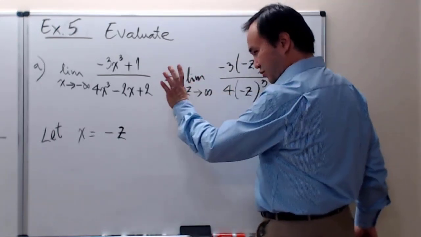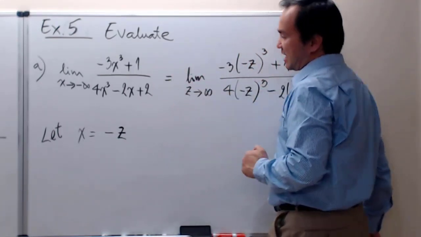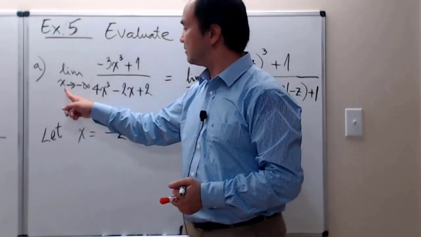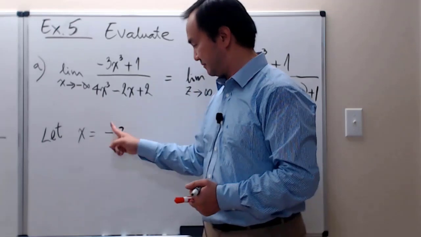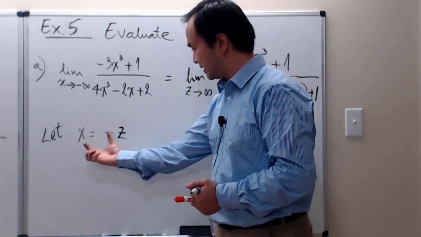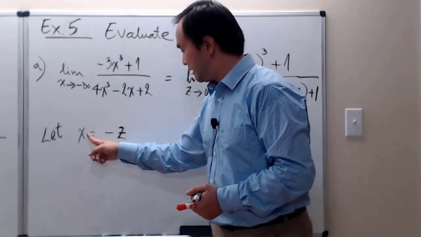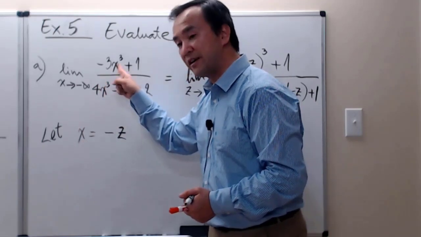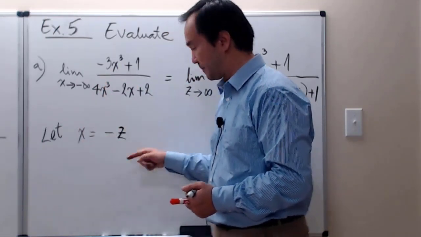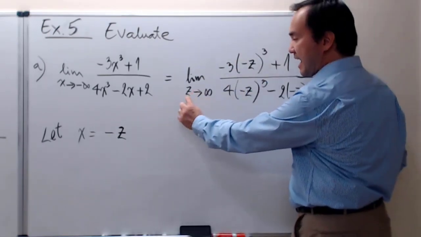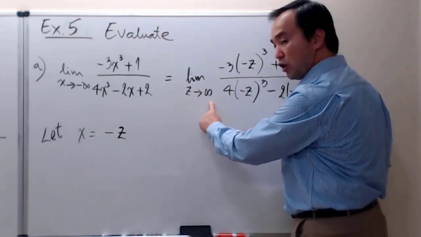This trick works and guarantees 100% of the time. Any time we're working with a problem where we're approaching negative infinity, the easiest way is to substitute your main variable x with some negative expression, and then let the new variable grow to positive infinity.